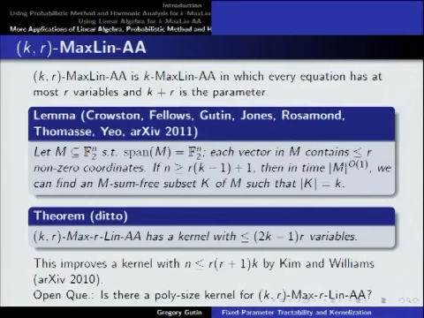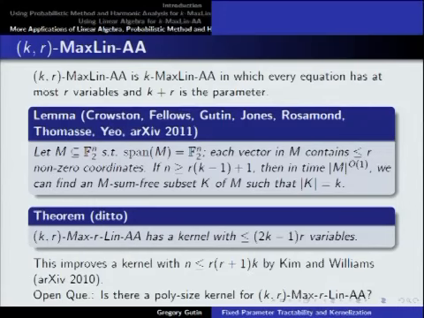Again, if you recall how we proved that if r is bounded from above, then k max lean above average has a polynomial size kernel, because of that hypercontractive inequality, we get basically an exponent in the bound on m.